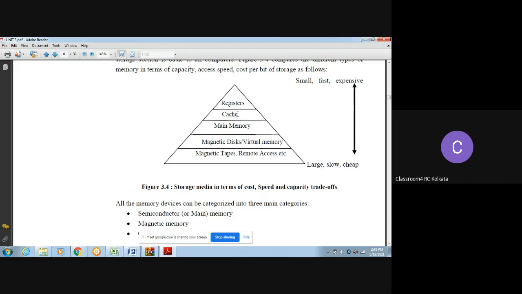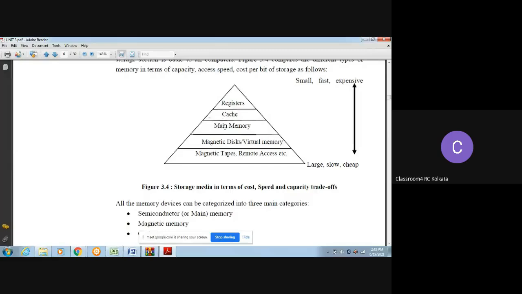If the copy is present in the cache, then it directly fetches from the cache and goes to the processing job. But if it is not present in the cache, it fetches from the main memory, and then brings the copy to the cache, and from there it goes to the register and on to the processing. That is why the cache is very essential to minimize the speed gap for the processor between the register and the main memory.